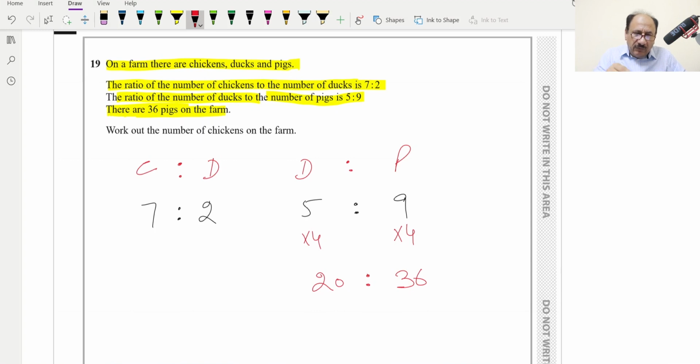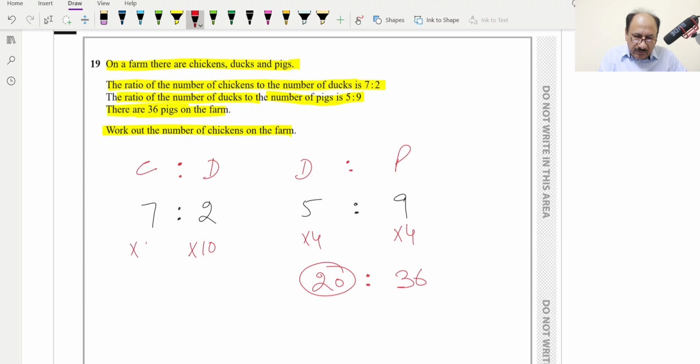Now work out the number of chickens on the farm. So to get information about chickens, we have to equalize ducks also. So we need 20 on this side. So 20 over here, we will be multiplying this by 10 to get 20.